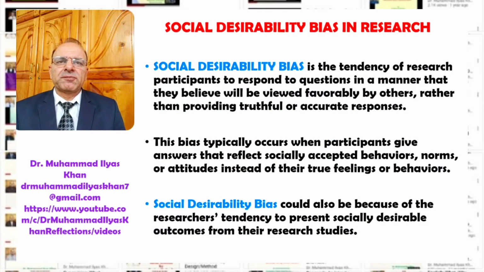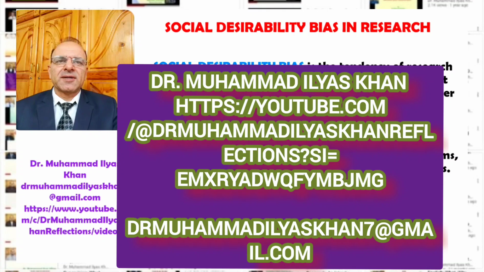So instead of truly representing the feelings and behaviors of the respondents, they are kind of giving political answers to those questions. The social desirability bias could also be because of the researchers' tendency to present socially desirable outcomes from their research studies instead of presenting the actual results of their research studies.